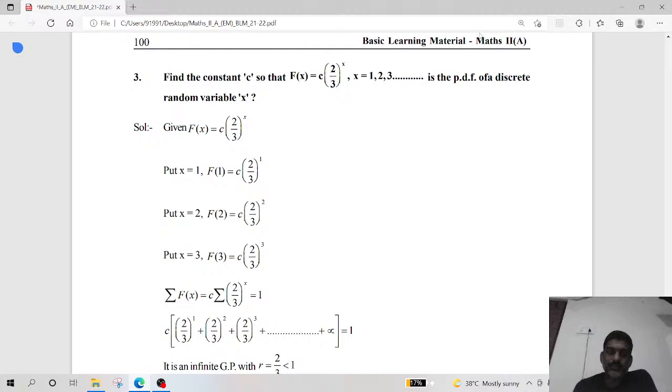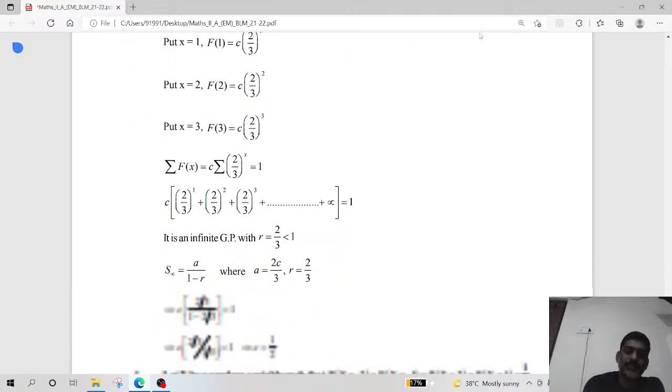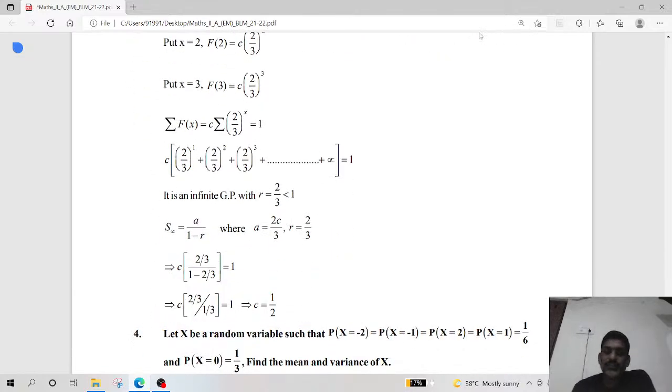Summation f of x is equal to c times summation (2 over 3) to the power x, equal to 1. We don't know c here. It is an infinite GP and the r value is 2 over 3, which is less than 1. We can apply the a by 1 minus r formula, then we can get c is equal to 1 by. Clear?